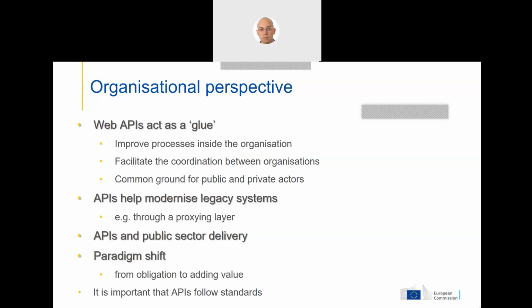APIs are also very important for public sector data delivery, and in a way they help us go in the direction of really adding value to the organizations, so going beyond only the obligation to comply to a certain piece of legislation, but really by deploying APIs we add value. Of course, we need to do that by following standards and not be inventing everything ourselves.